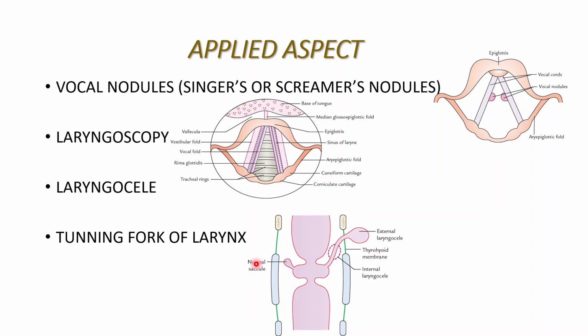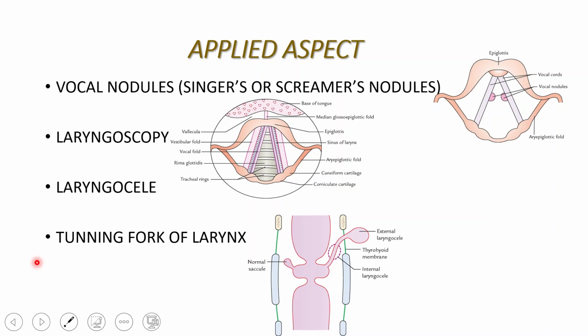The tuning fork of the larynx is the name given to the muscle, that is the cricothyroid. Yes, the cricothyroid is an important muscle which is mainly involved in the maintenance of the tone and pitch of the voice.